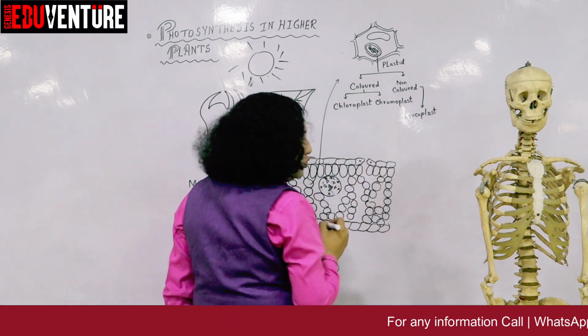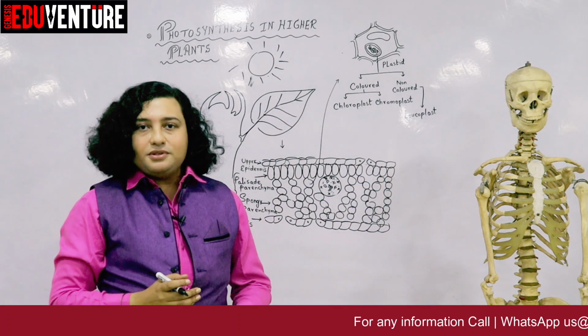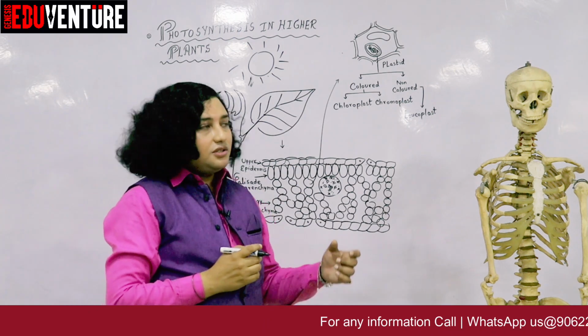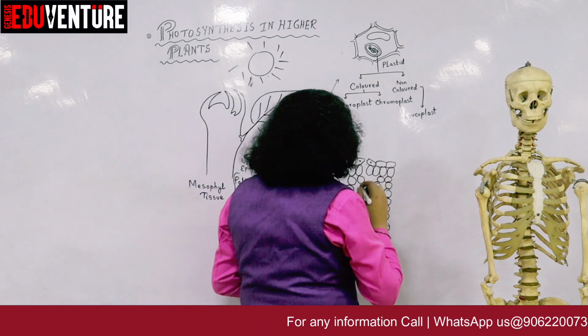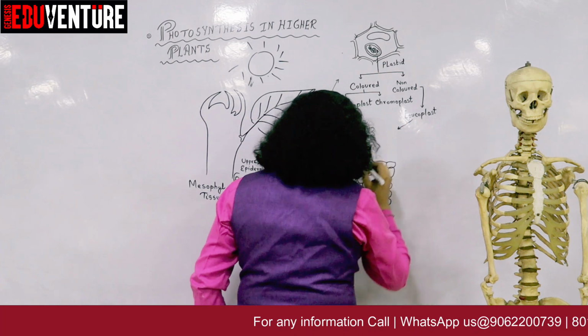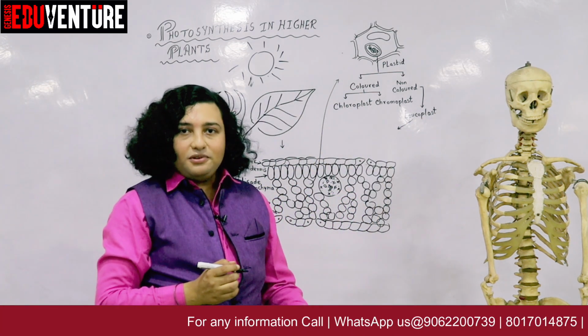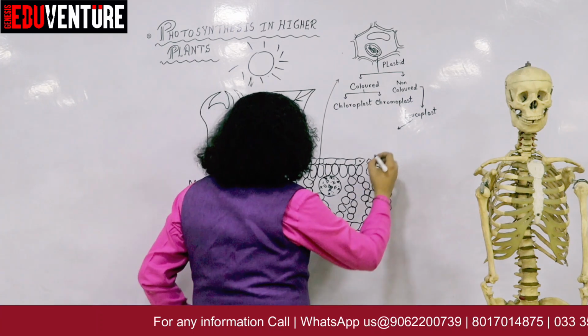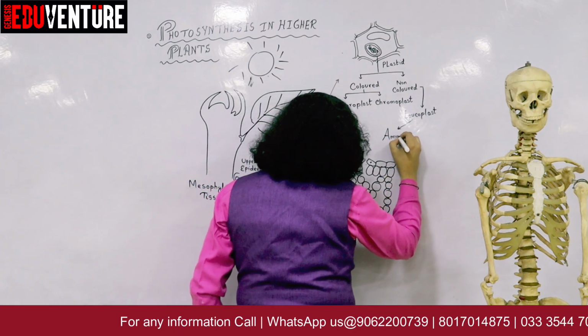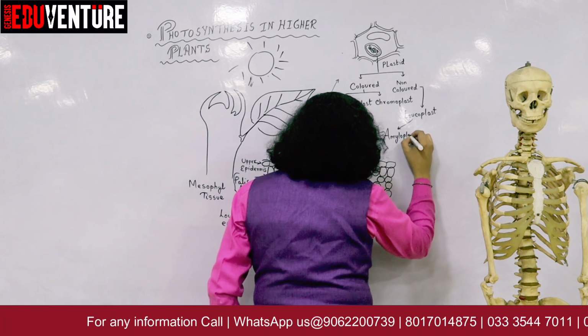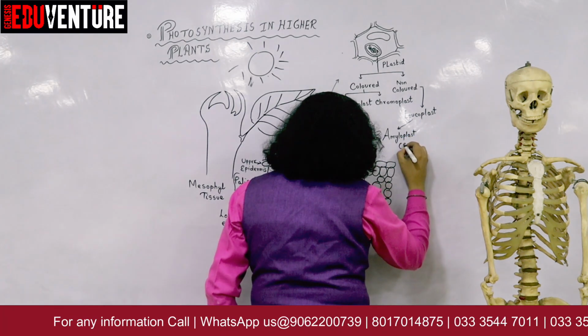Now this leucoplast can be of three types. When it stores starch, it is known as amyloplast. When it stores protein, it is known as aleuroplast. When it stores fat or lipid, it is known as elaioplast. So amyloplast, it is for starch.